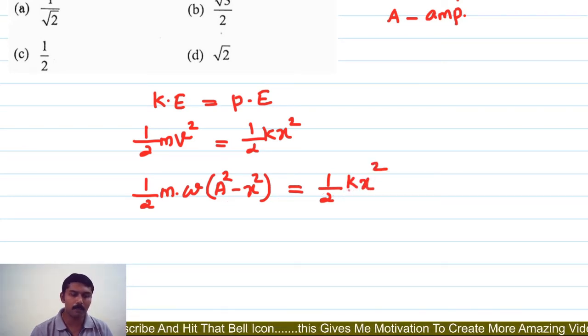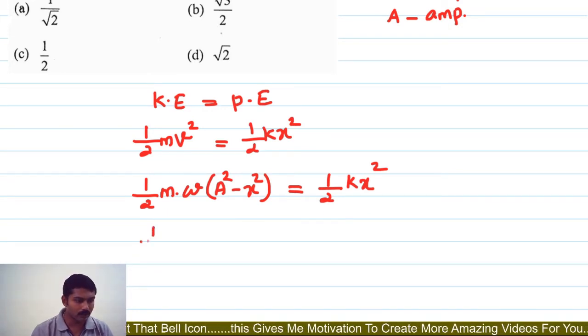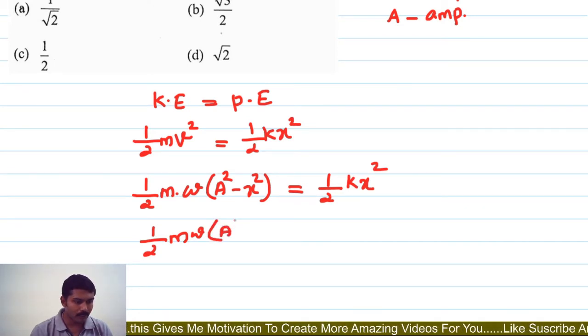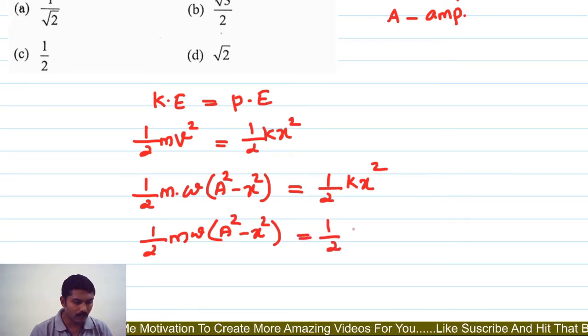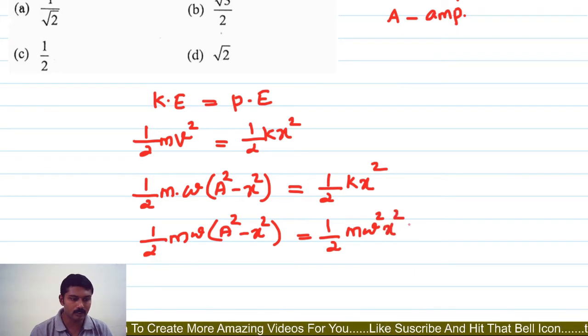In place of k, you can substitute m omega square. So half m omega square into (a square minus x square) is equal to half m omega square x square.